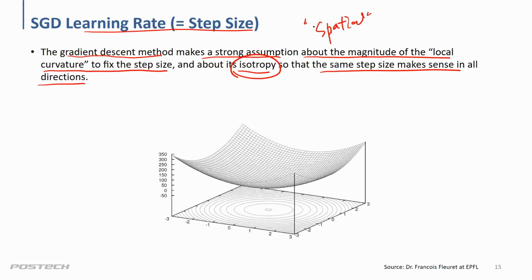Let's think about a two-dimensional space. Here is omega 1 and omega 2.